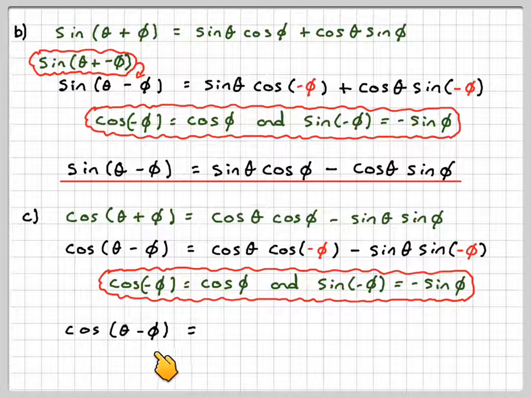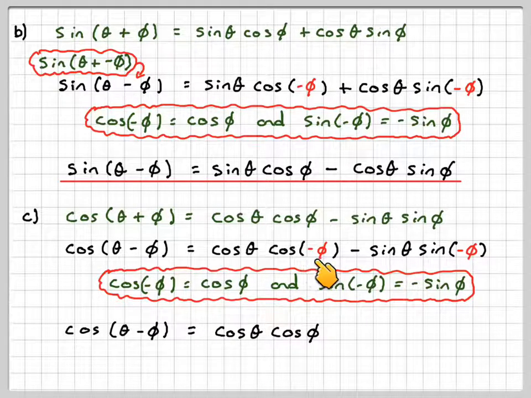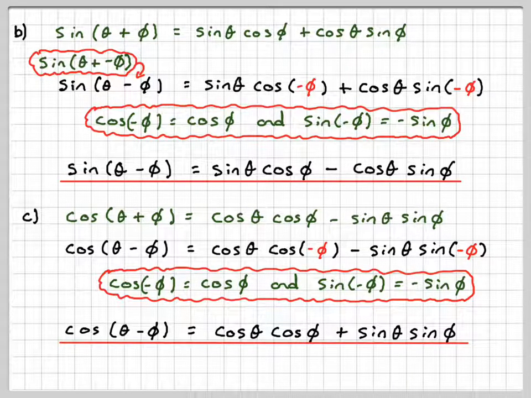So cos of theta minus phi is equal to cos theta cos phi, plus, because minus sine minus phi makes a plus, sine theta sine phi. So there we have the relationship for sine plus or minus phi and cos plus or minus phi.